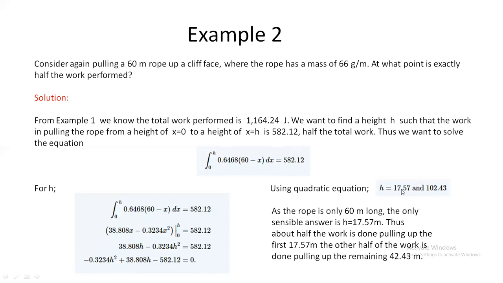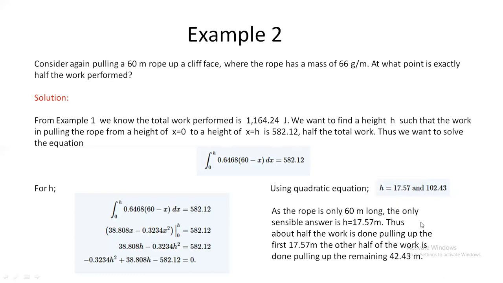One is 17.57. The other one is 102.43. Now, if your rope is only 60 meters long, then the sensible, acceptable or plausible answer is only 17.57. You cannot have a height traveled by a rope which is only 60 meters long.